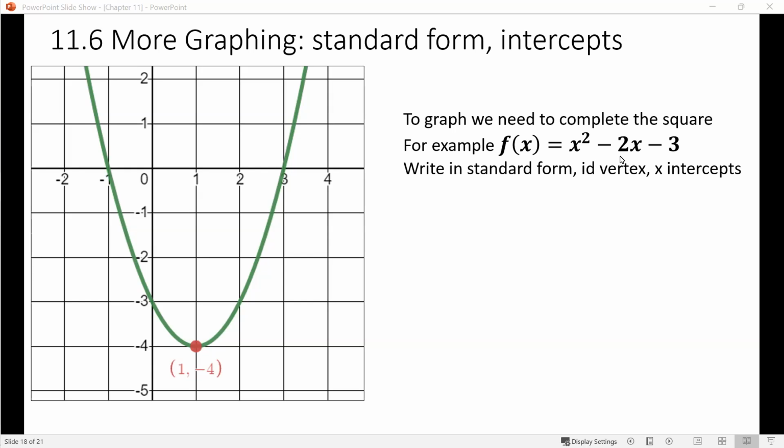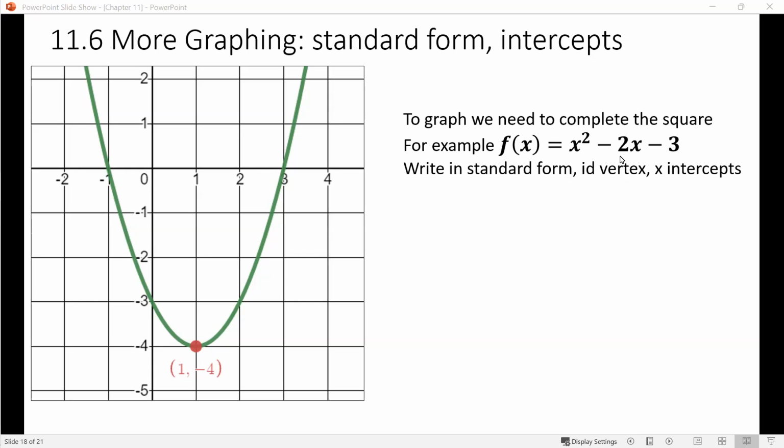So for example, let's say we have this quadratic function, f of x is equal to x squared minus 2x minus 3. So we know that that's a quadratic function, but it's not written in our standard form or in our general form. It's written in what we call standard form. And so we can't exactly see from those values where our vertex is going to be, or what it would look like if we wrote it in standard form.